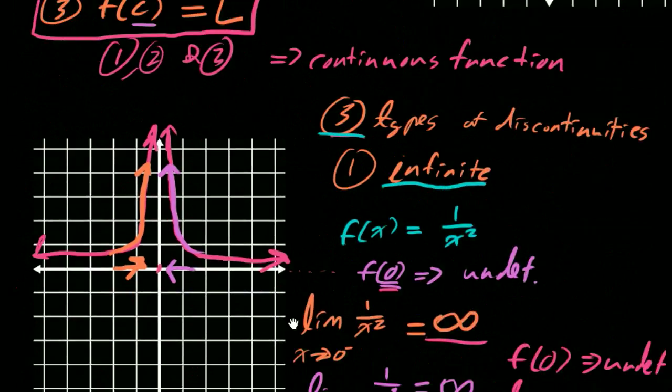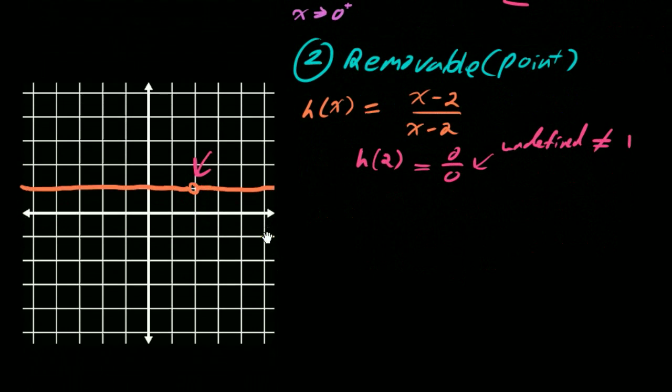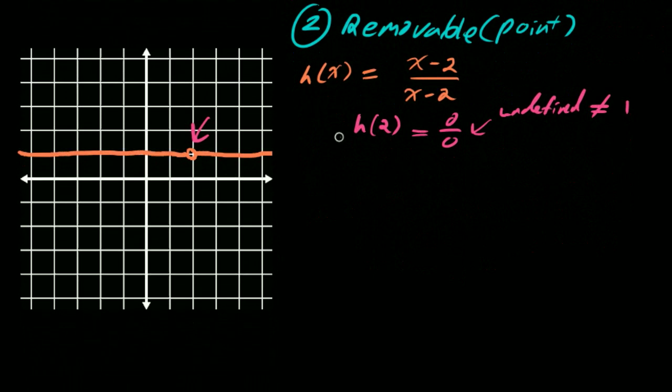But anyway, let's scroll down and do that test. So the first thing we want to do is take the limit from the left-hand side. So the limit as x gets really close to 2 of our function h of x. So we want to take it from the negative side.